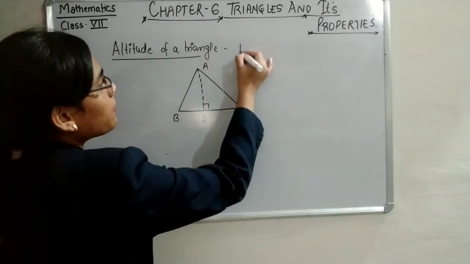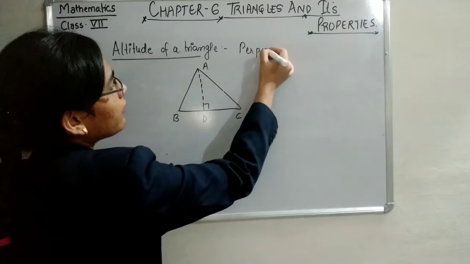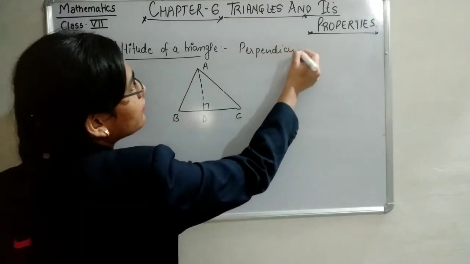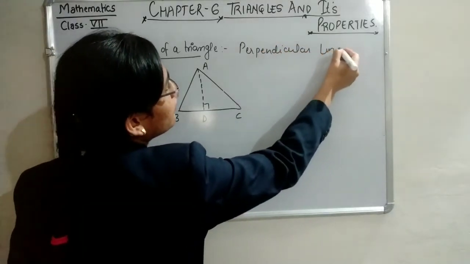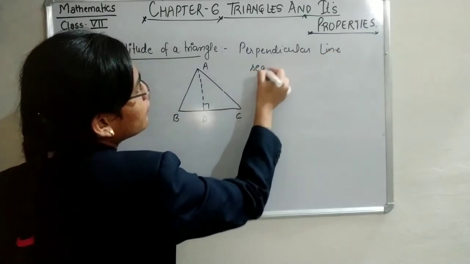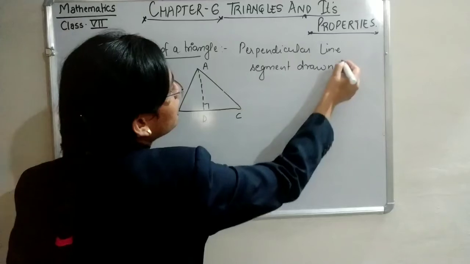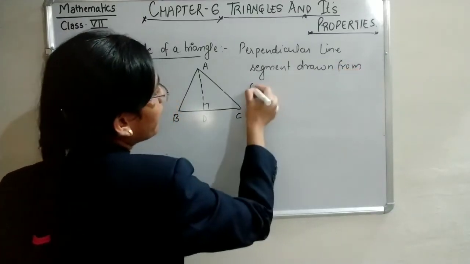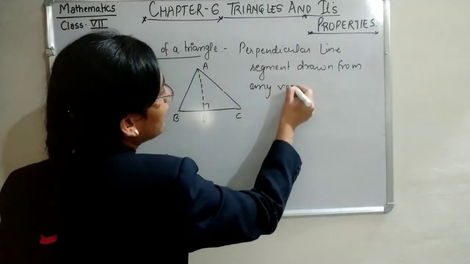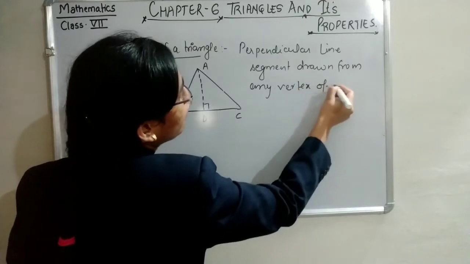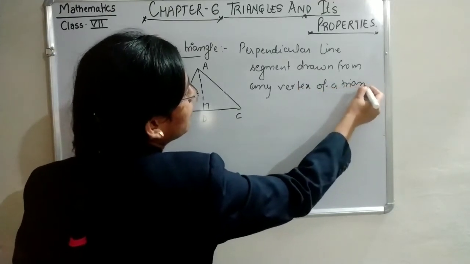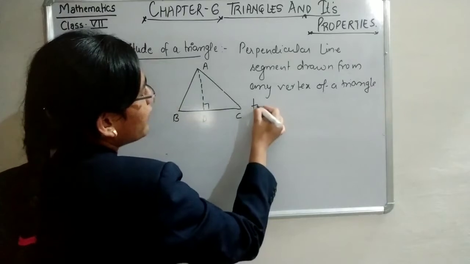So an altitude is a perpendicular line segment drawn from any vertex of a triangle to its opposite side.